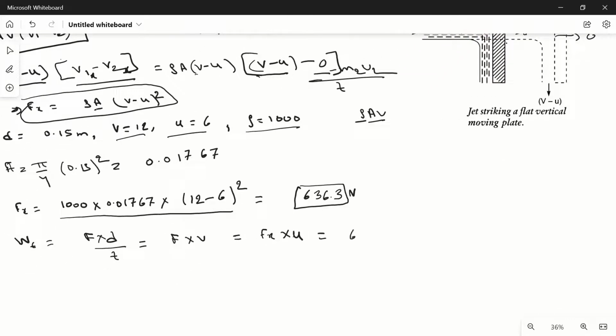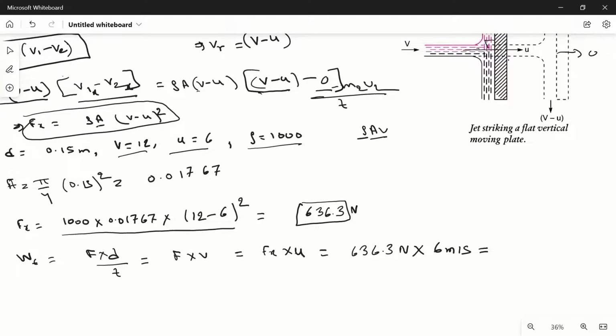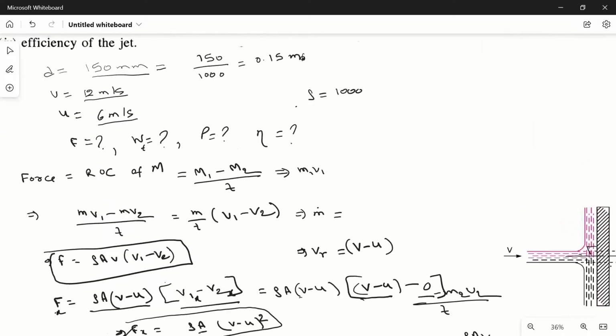So it will be 636.3 Newton into velocity of plate is 6 meter per second. So if you multiply this, then you will get 3817 Newton meter per second. This is the value of work per unit time per second.